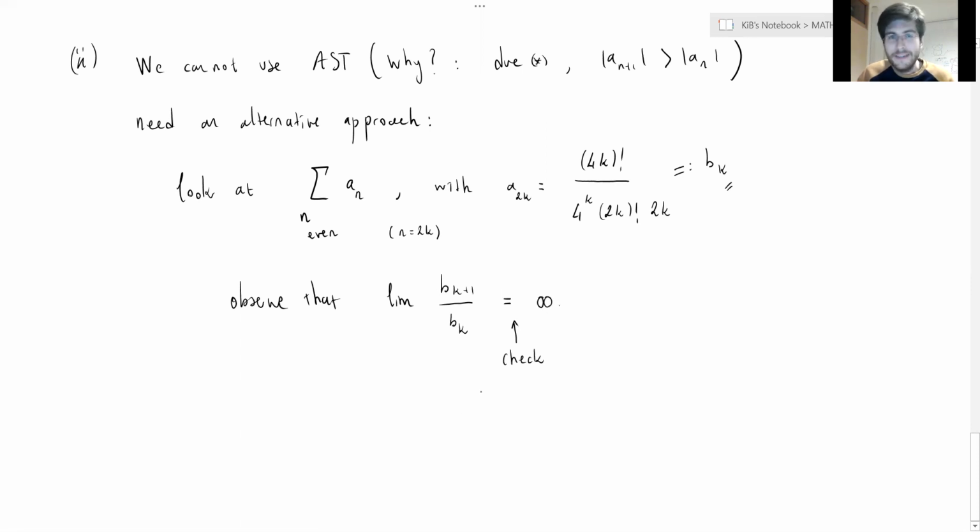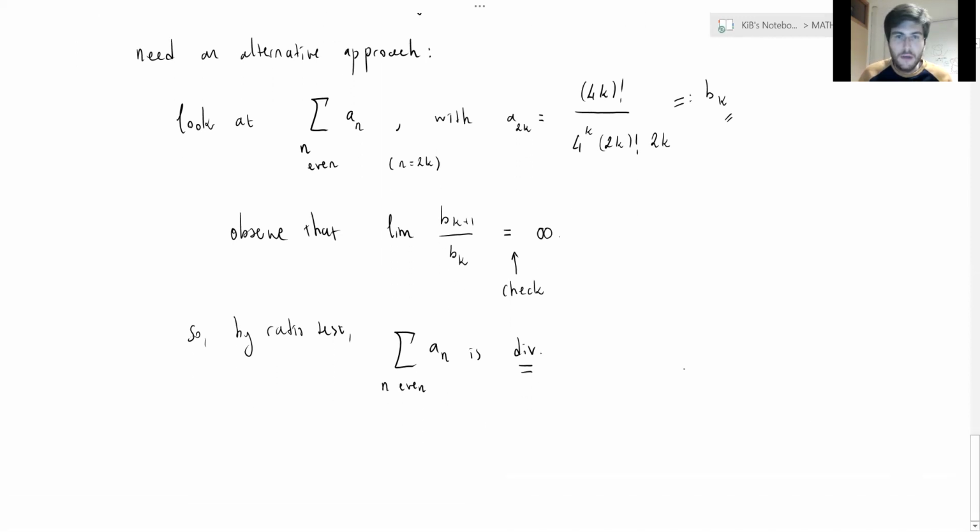So what does it tell us? By the ratio test, this part, so a_n, or if you like b_k, with n even is divergent. Therefore, the whole part of the series cannot be convergent. And so we conclude that it is divergent, and so is the whole series itself.